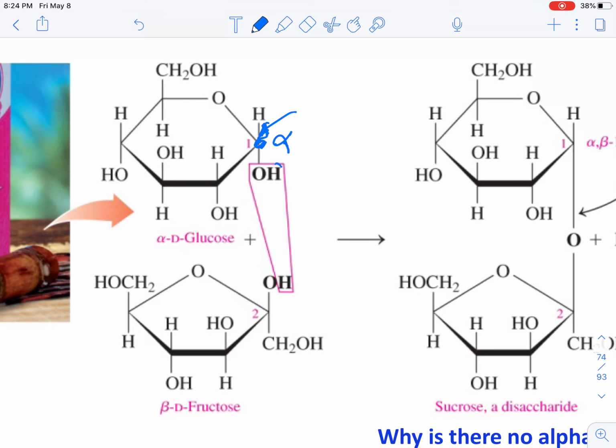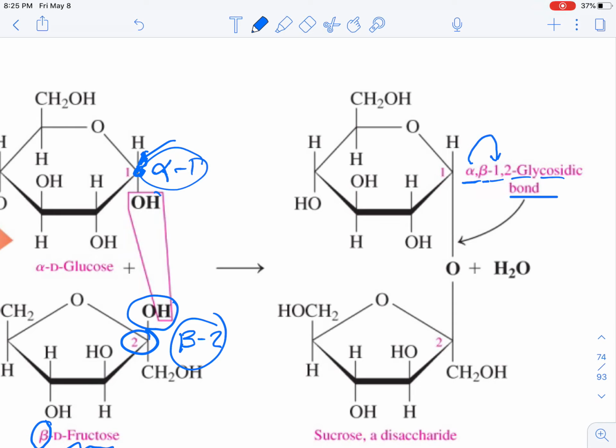Okay. And so we're going to combine both of these together and describe the glycosidic bond as an alpha beta 1,2 glycosidic bond, where the alpha is going to represent the first number and the beta is going to represent the second number.